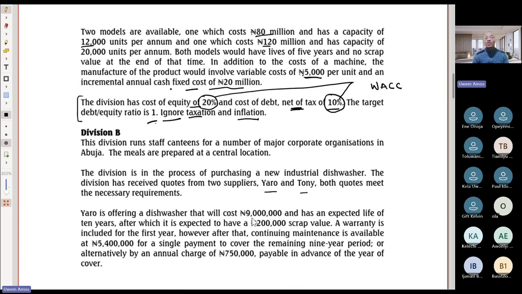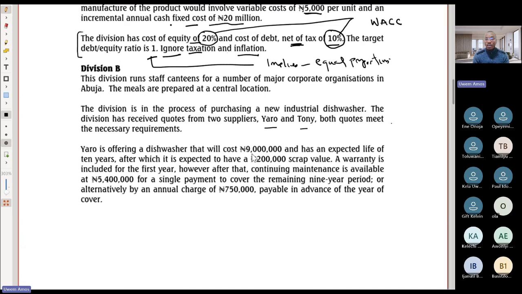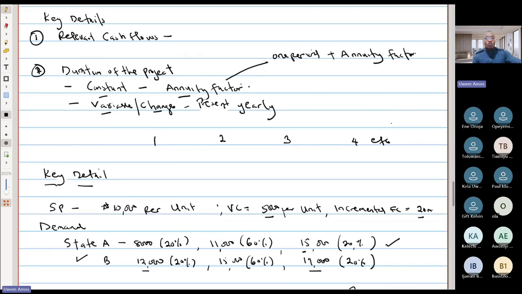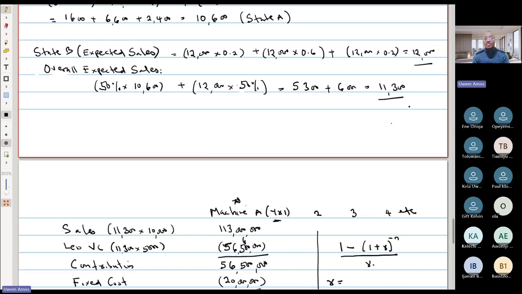A debt to equity ratio of 1 implies equal proportion, which is 0.5, 0.5. So with that said, let's plug it in. Cost of equity 20, cost of debt 10, debt to equity ratio of 1, which implies 0.5 each. So let's plug it in quickly to get our WACC, so that we can apply it in subsequent questions.